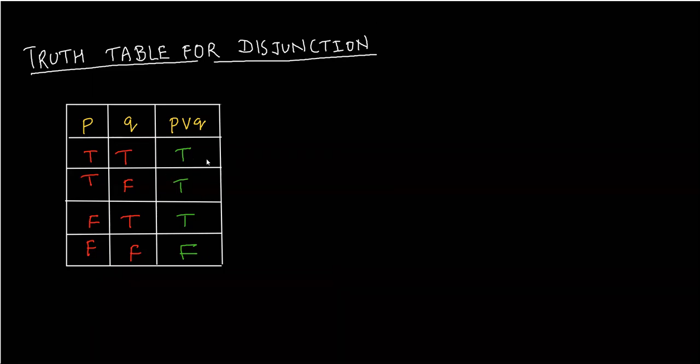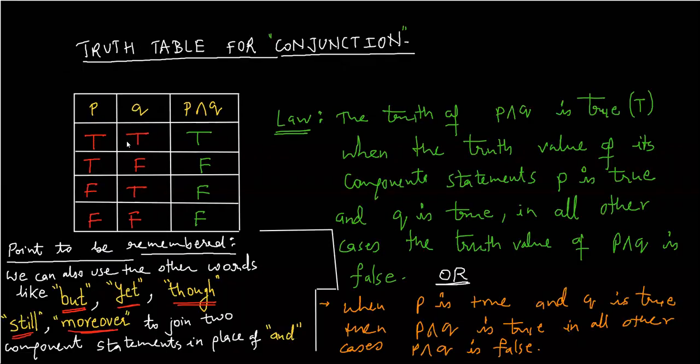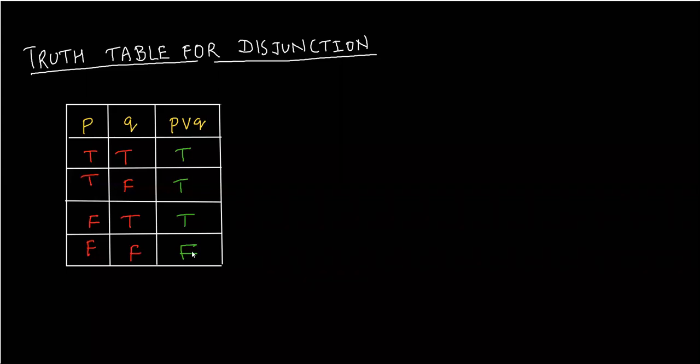In conjunction, what was it? When both are true, then P and Q is true. In other cases, it is false. And in disjunction, when both are false, then it is false. Otherwise, it is true. In disjunction, even if one is true, it has to be true.